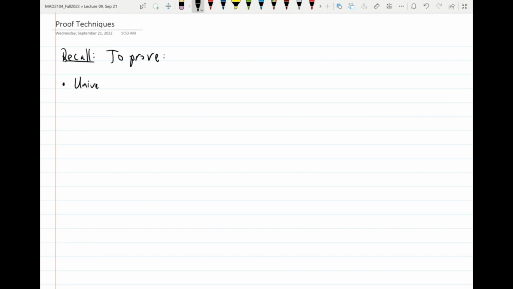So to prove a universal statement, and this statement would be for all x, p of x, okay? Of course, there is a domain. So given a domain, to prove a universal statement, what is it that we need to do? To prove means to show that this is true. So what does it mean for this to be true? You can tell me.